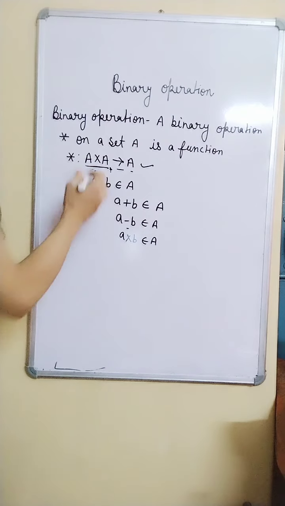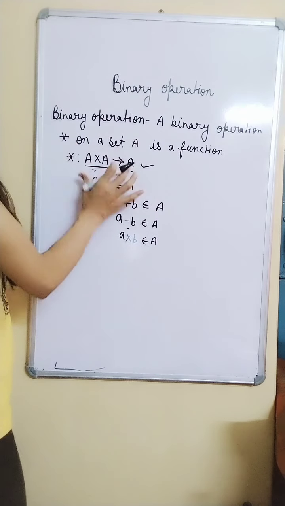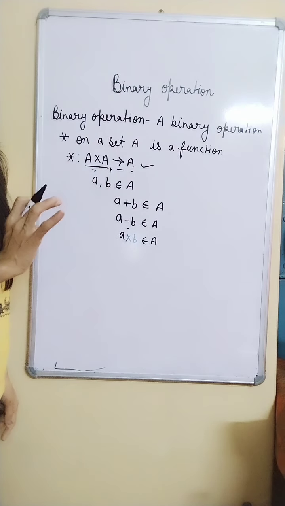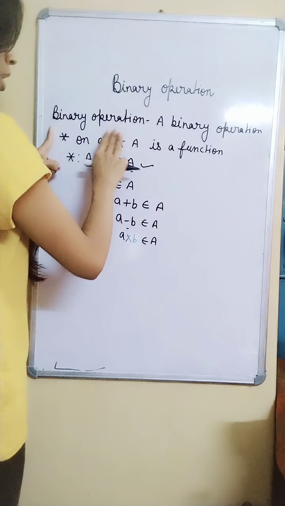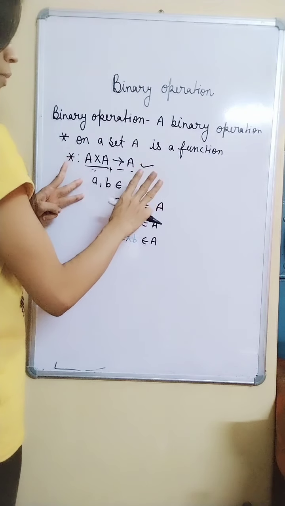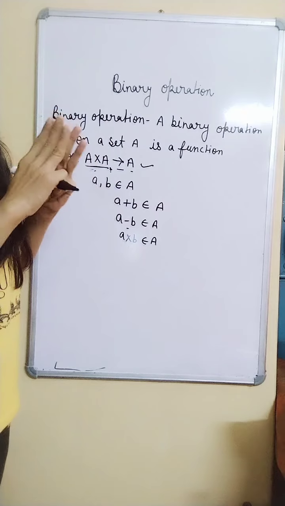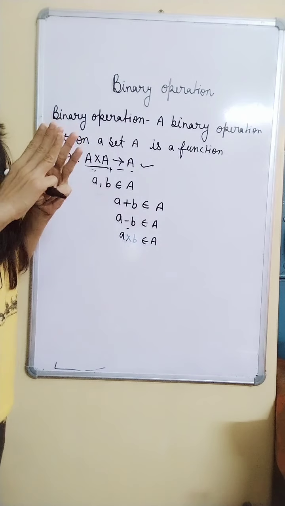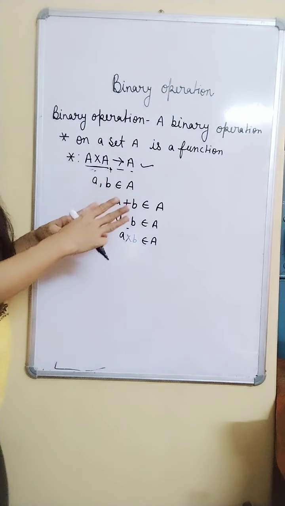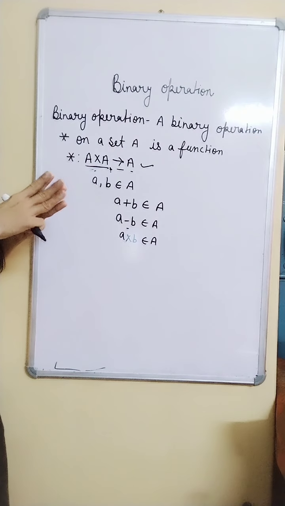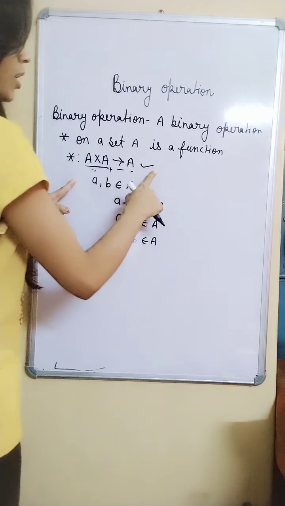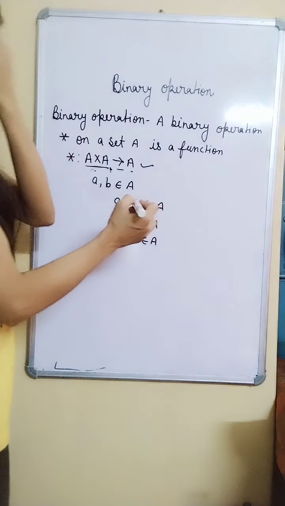Now I will explain you this whole concept by solving some questions, right? So if any operation is following the closure property, it means that is a binary operation, right? So after checking the closure property, what we will do?